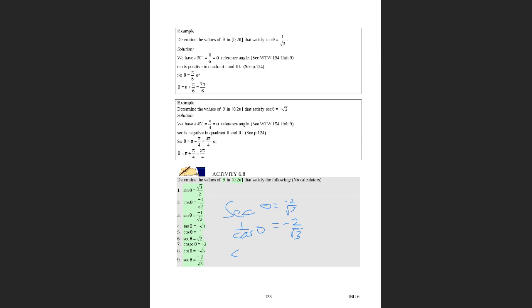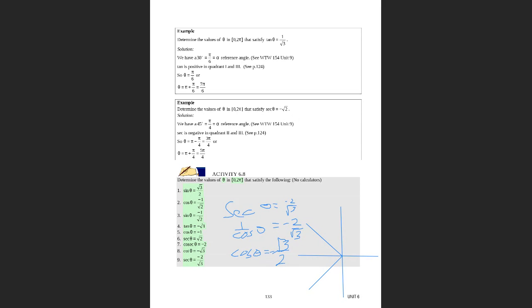So cos theta will be negative root 3 over 2. So if you draw your axis like this, cos is negative, and cos can be negative in the second and the third quadrant.